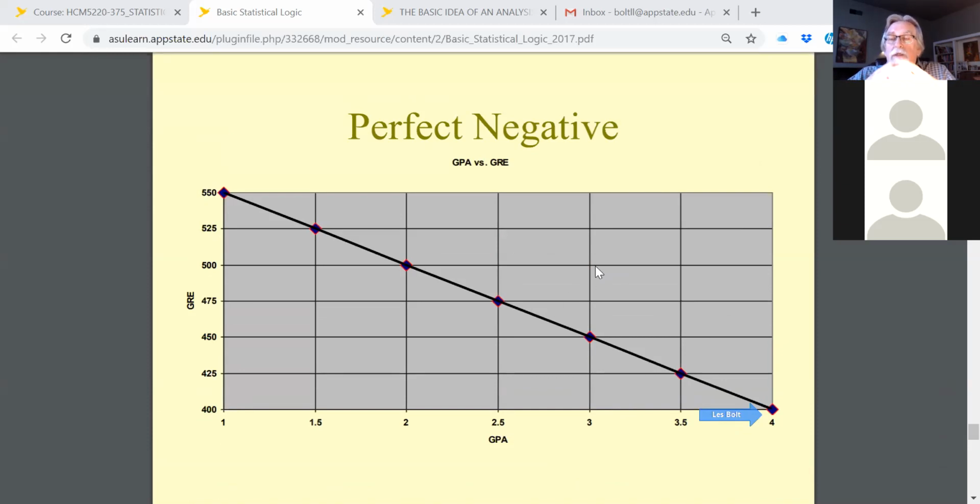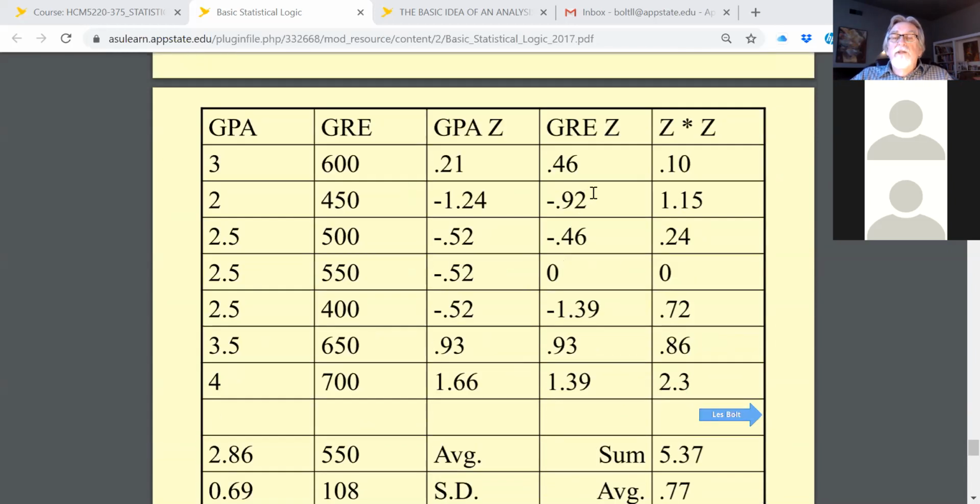Now, there is an essential problem with this, and the essential problem is that these values are not on the same scale, and so therefore we have to figure out a way to get them on the same scale. And we have a way of doing that, and that's z-scores, because all z-scores lie on exactly the same scale, and 68% of the values lie within one standard deviation or one z below and above the mean, and 95% of the cases lie within two standard deviations, two z's above and below the mean.